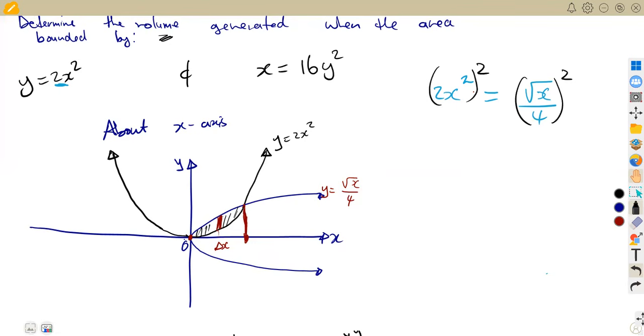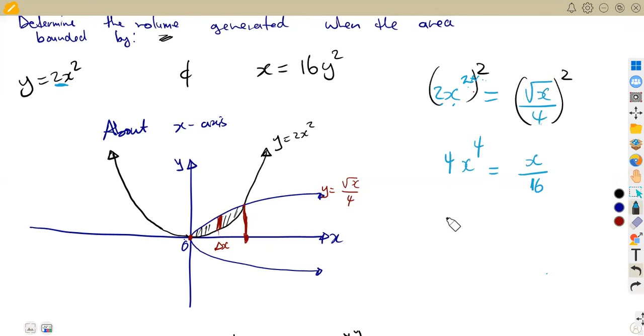That's 2 to the exponent of 2, which is 4, and x to the exponent of 2 times 2, which is 4, is equal to, remember, the square root of x squared gives us x, over 4 squared, which is 16. Then we can cross multiply, or we can just transpose.